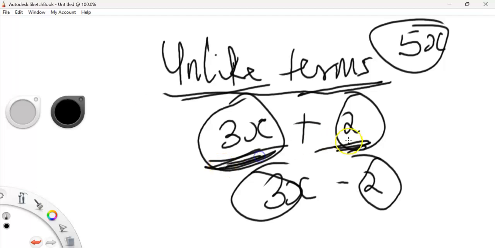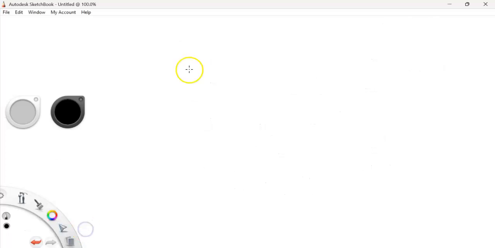They cannot add together. They are not like terms. They cannot subtract together. They are not like terms. Do you get now? So whenever it comes to plus and minus, unlike terms cannot combine with each other. But this is a different case when you come to division and multiplication.